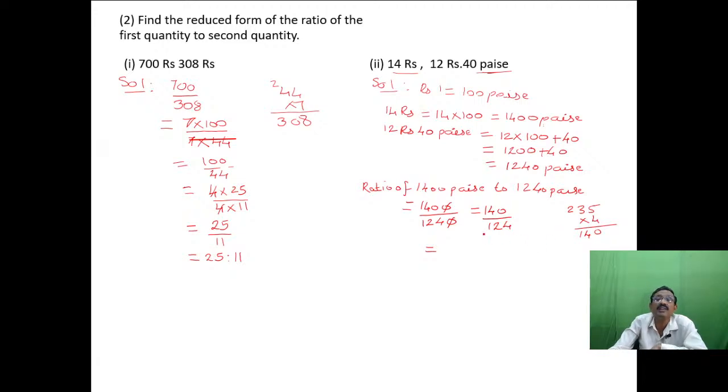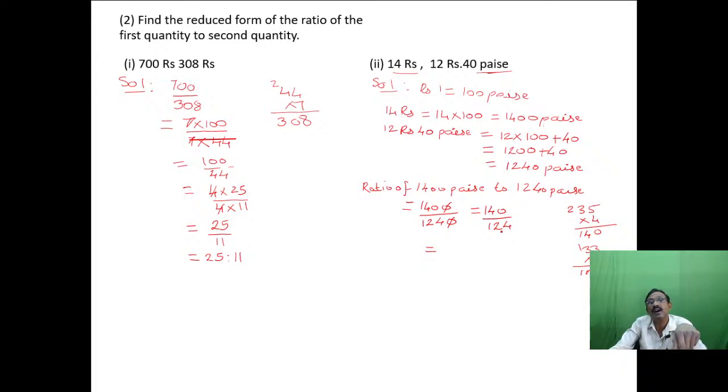So what I will get with 4? Can I use 33? Let me see. 33 into 4. 4 3s are 12 and 1, 13. I am getting 132.